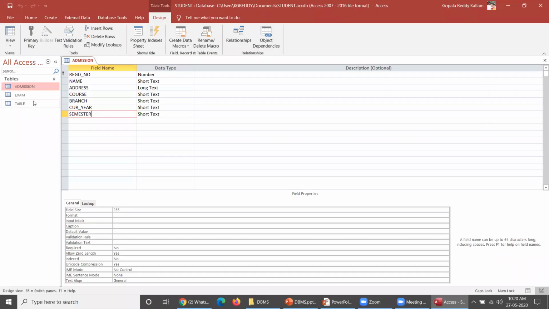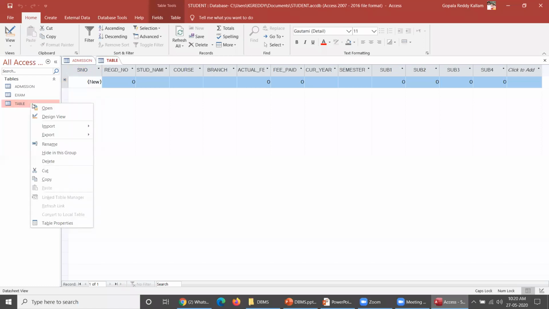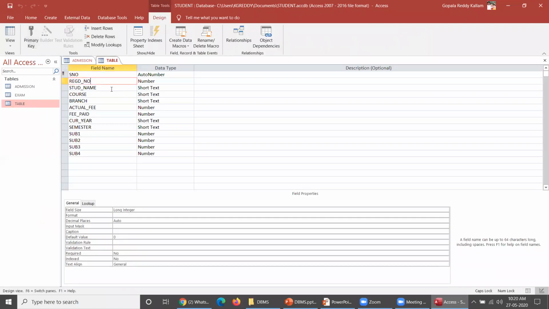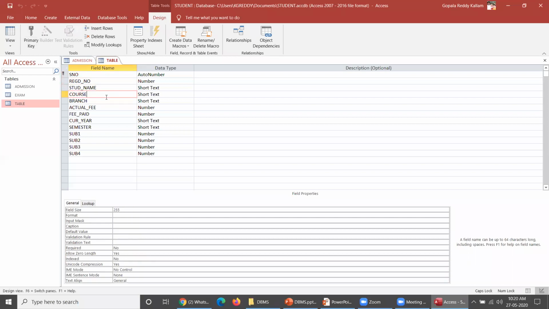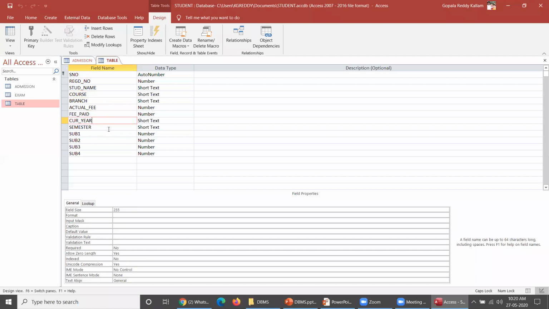You can see I'd like to take this particular table. Look at this. This particular table has some kind of design, something like this: serial number, register number, student name, course, branch, actual fees, fees paid, current year, semester, four subject marks. This is the actual data which I would like to consider as my total table.